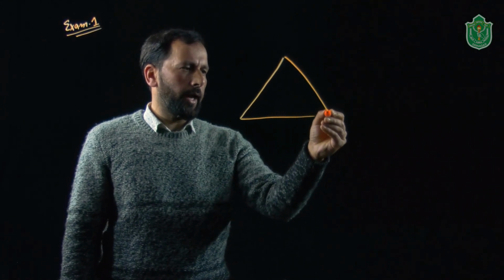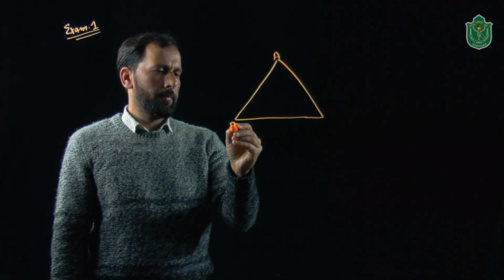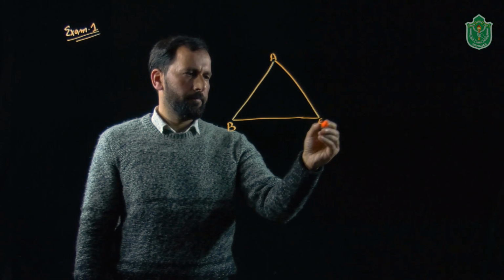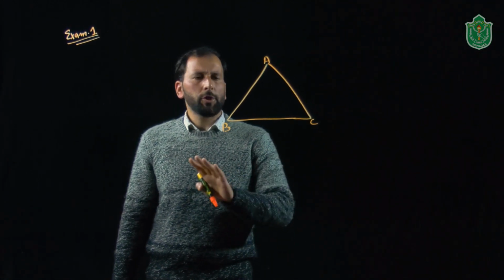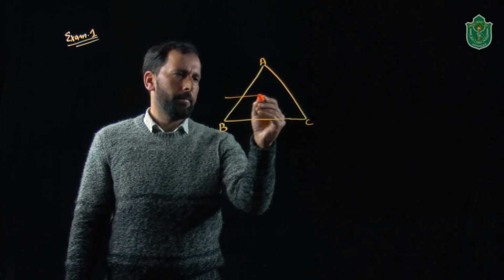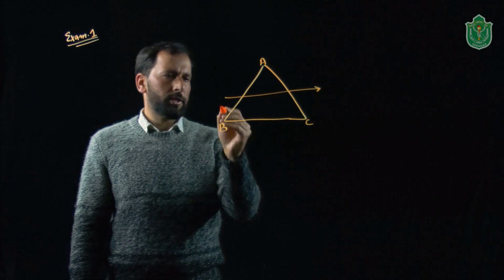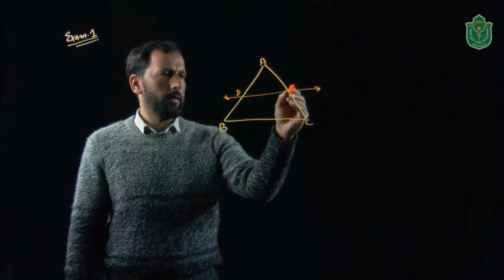If we have a triangle ABC, this is A here, this is B, and this one is C. There is a line DE which is parallel to one of its sides. Let the line be this one. This is DE, D and E.